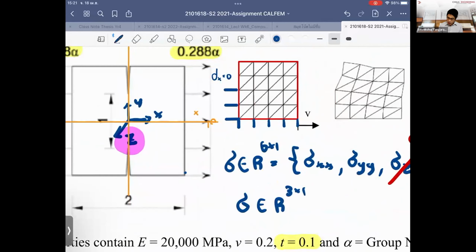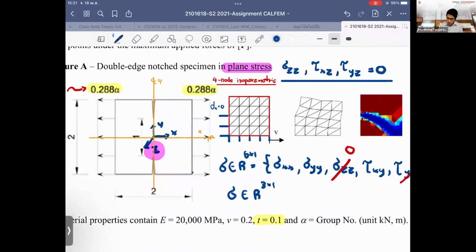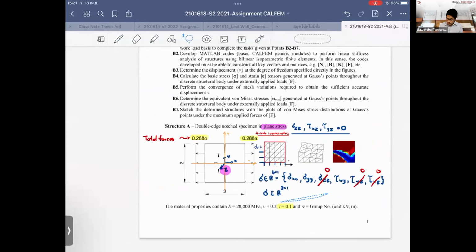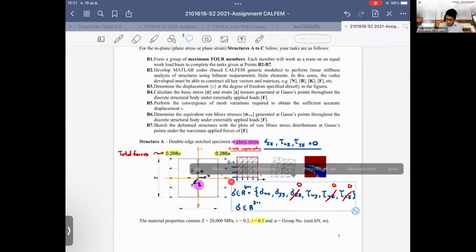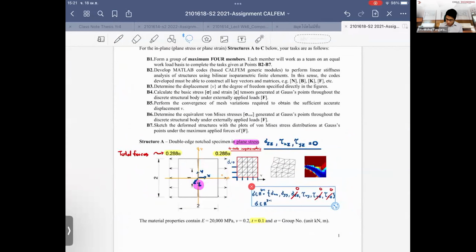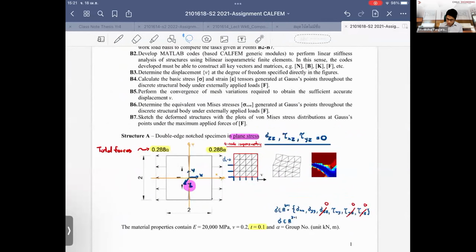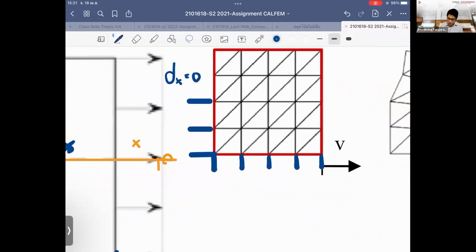And the boundary condition at the bottom indicates that the movement in the y direction along the bottom line, at all the nodes that we're looking at, is equal to 0. So you have this node, you restrain the movement in x and y axis, right?